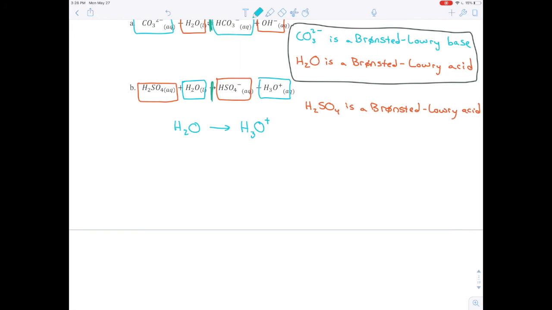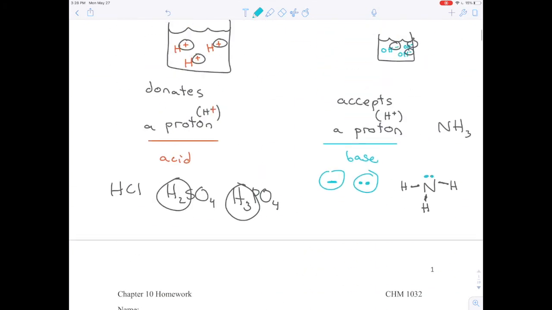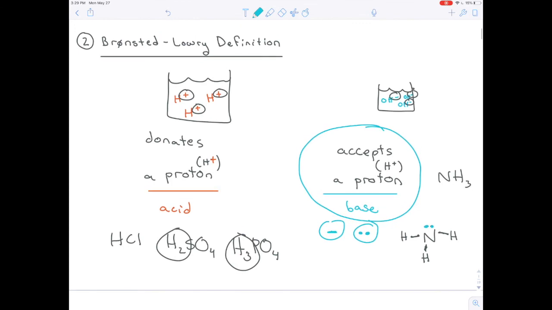So that depends on whether it's donating or accepting an H+. It starts with 2 H's on the left and ends with 3 H's on the right. So it starts with 2, ends with 3. That means it must have accepted an H+. Any molecule that accepts an H+ is a Bronsted-Lowry base.